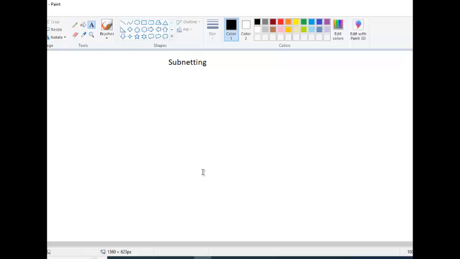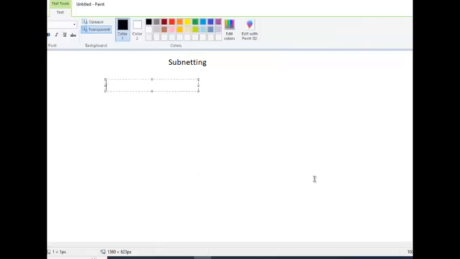Do you know any reason why we need subnetting? Subnetting, yeah, the same thing: one big network into small networks. See, it need not be big or small.